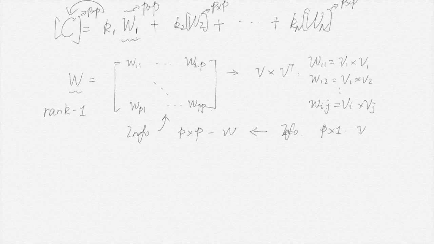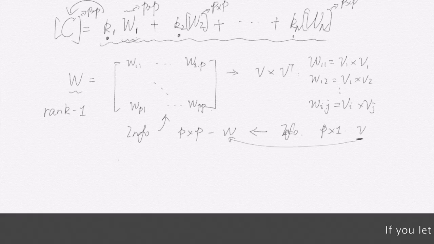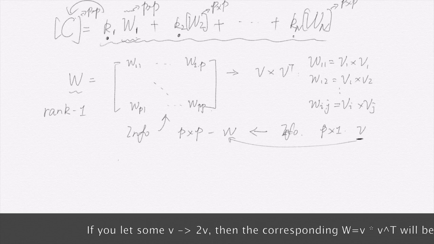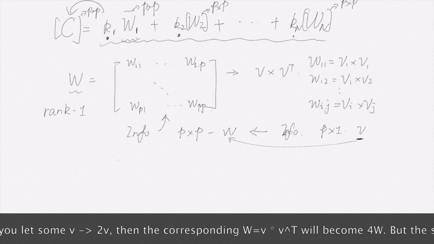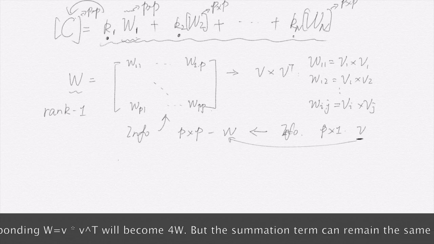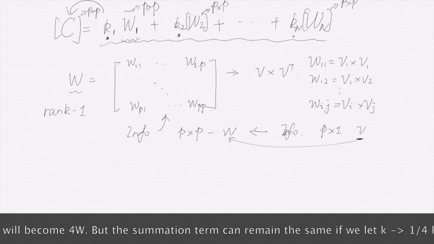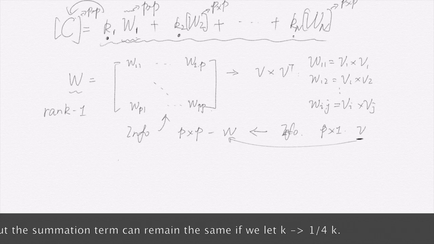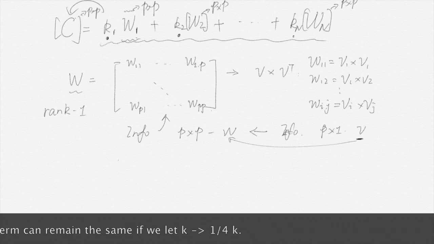Note, there is a scaling factor in the original decomposition of covariance C, so there is some uncertainty in the decomposition. For example, you can increase the generating vector V by a factor of 2, so that the corresponding component matrix W will have a magnitude 4 times the previous one.